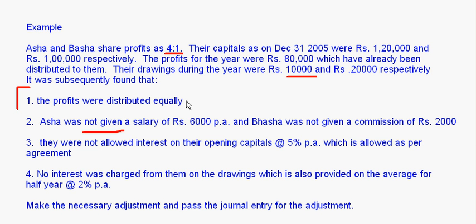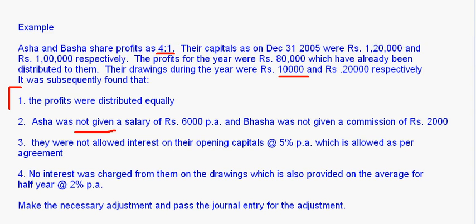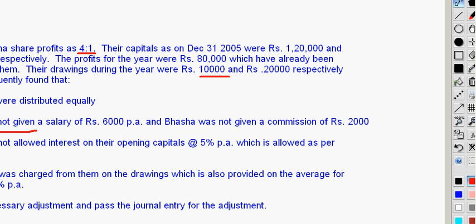So this is the error that has been committed. Asha was to be given a salary of 6,000, which she has not been given. Same way, Basha was to receive a commission of 2,000, which has not been given. And similarly, for interest on capital and interest on drawings, there have been errors also. Now we have to make adjustments so that these errors are rectified. Let's see how to do it.